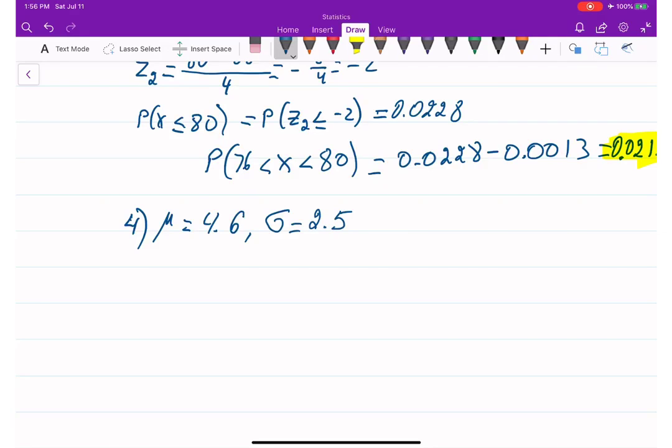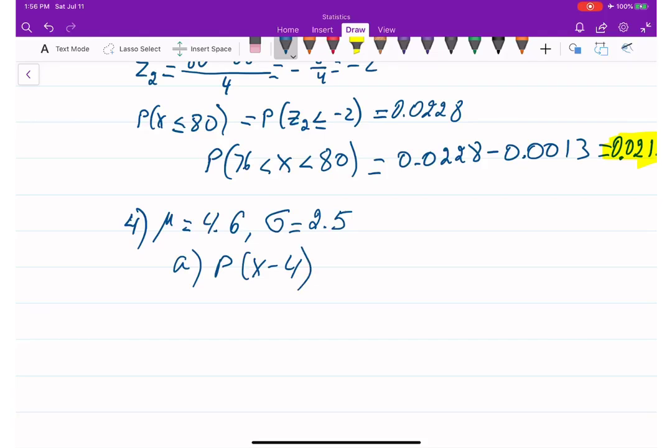Okay, we need to answer the following questions. So first of all, we are answering what's the probability that a randomly selected study participant's response is less than 4. So we need to find probability of x less than 4.